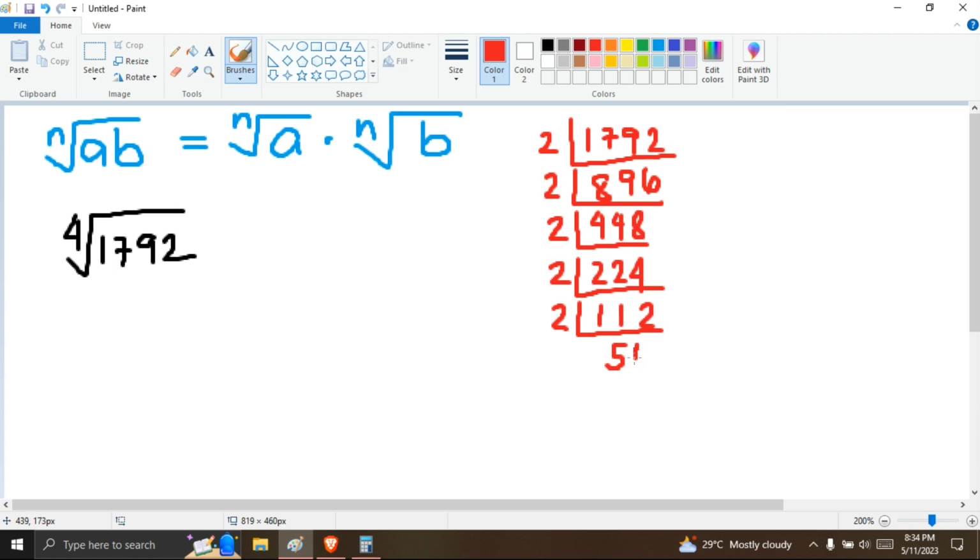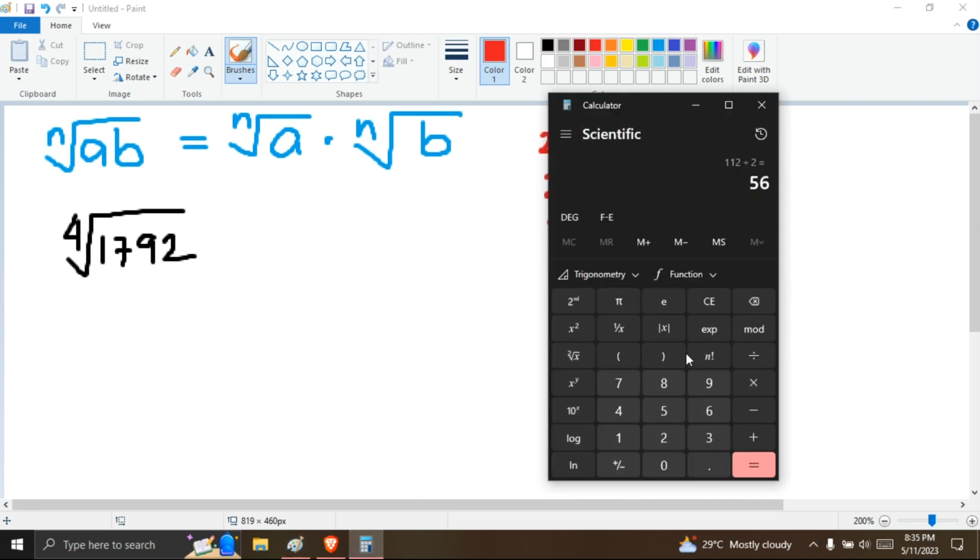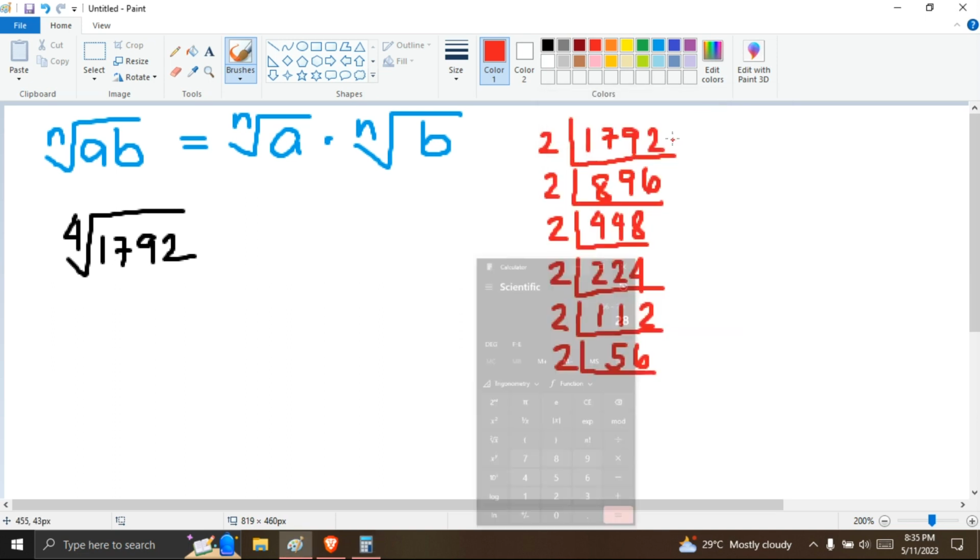Then 56 ma-divide siya sa 2. Another 1 ma-divide na siya sa 2. So that is 28. Pagkauman ang 28 i-divide na sa 2. So that is 14.